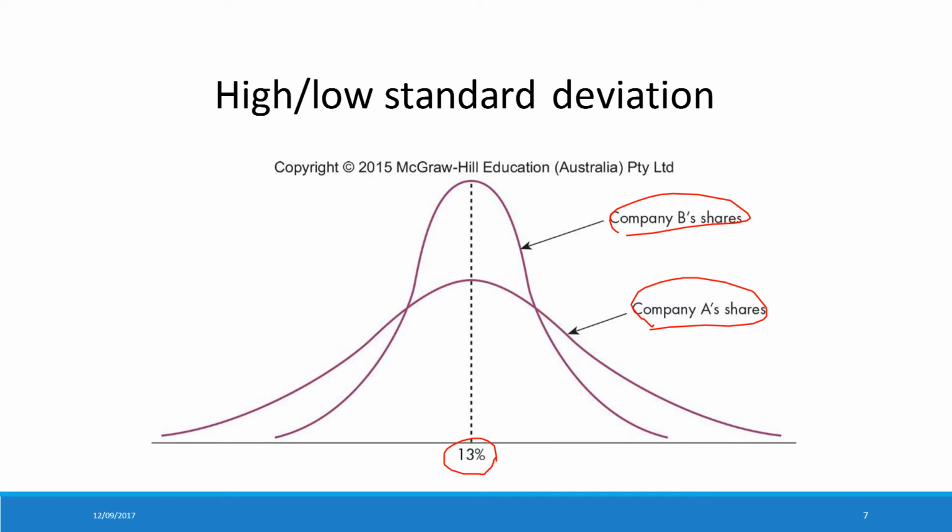So based on the shape of the distributions for the returns of A and B, which company do we expect to be more risky?